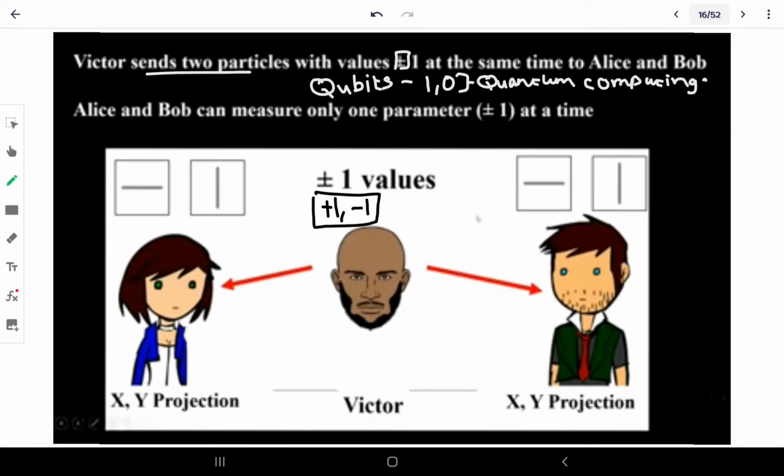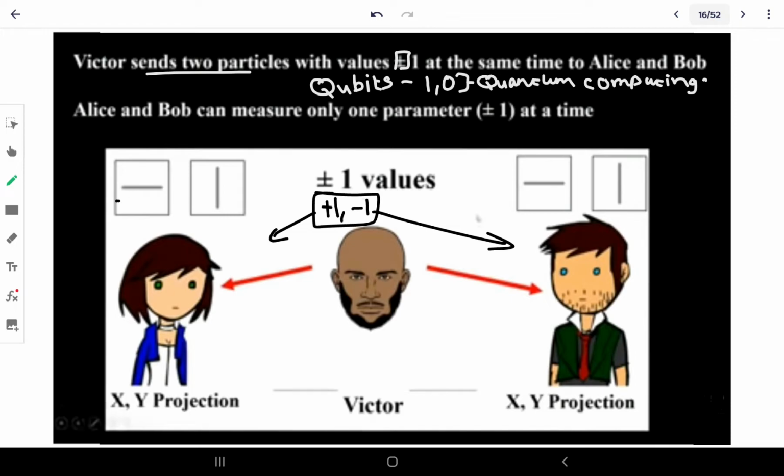These are the maximum two values he can send to each person. There are two people, namely Alice and Bob. They can measure only plus or minus 1, and that's their capability.